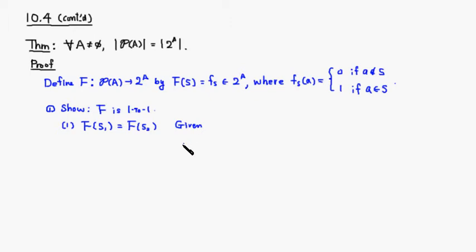Then what we need to do is show that S1 is equal to S2, so that S1 and S2 are the same set. So by definition, we know that f sub S1 is equal to f sub S2. This is coming from 1 and also the definition up here.